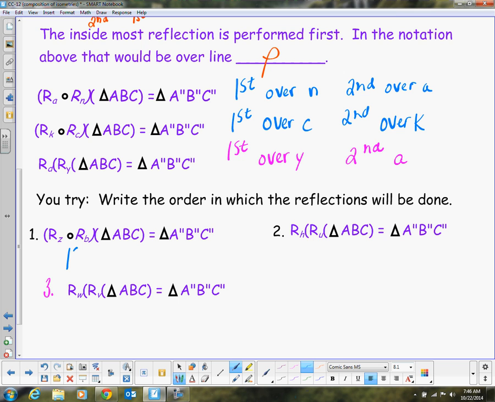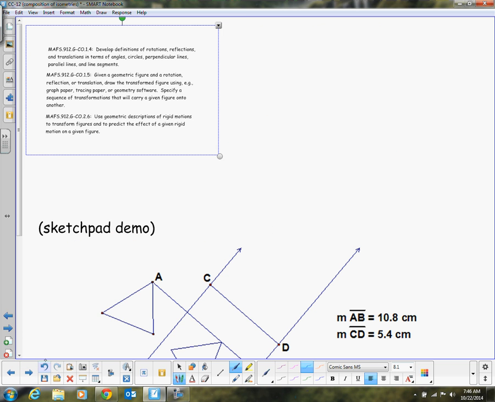What's first? Yes. Second? Right. Okay. Caitlin, what's first? The U, and then the H. So we reflect over U, then we reflect over H. McKenna, what is this one? B, then W. All right. So that's critical on what we do.